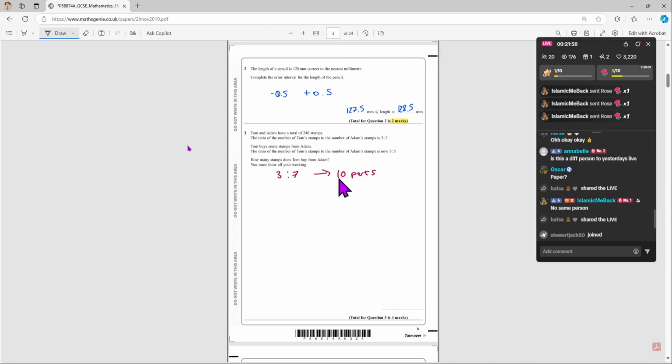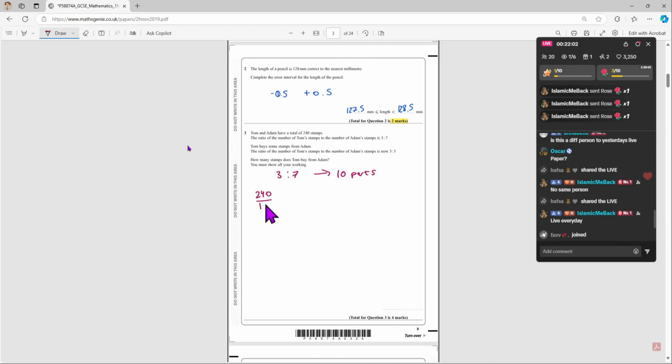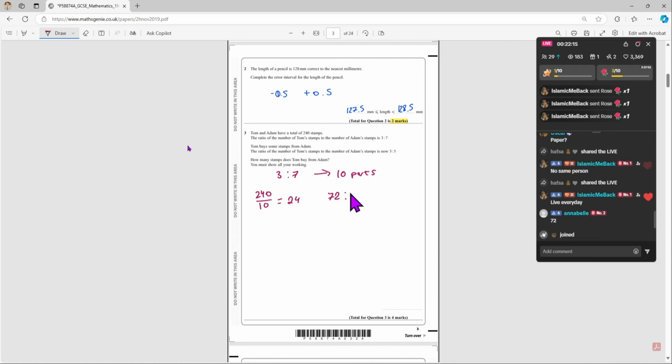And then we are going to do 240 divided by 10, which is equal to 24. And then we're going to times it by each part of the ratio. 24 times 3 is going to be 72. And then 24 times 7 is going to be 168.